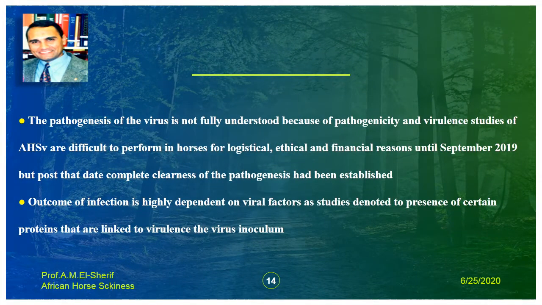According to the older diagram of pathogenesis, the pathogenesis of the virus was not fully understood because pathogenicity and virulence studies of African horse sickness virus are difficult to perform in horses for logistical, ethical, and financial reasons until September 2019, after which date complete clarification of the pathogenesis had been established, as we will clarify below.